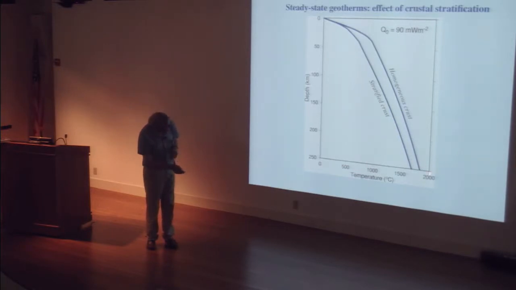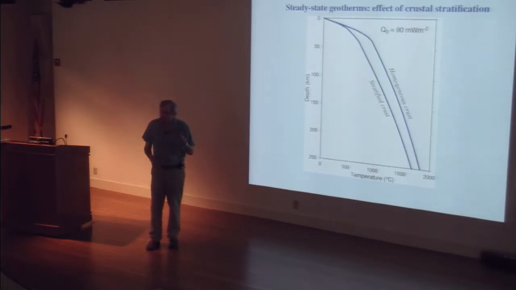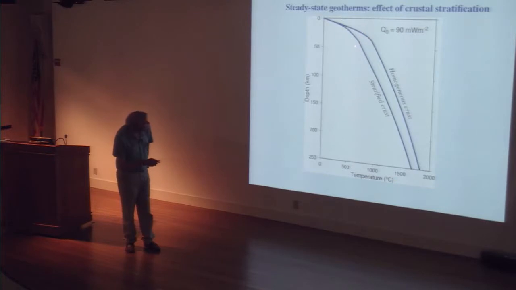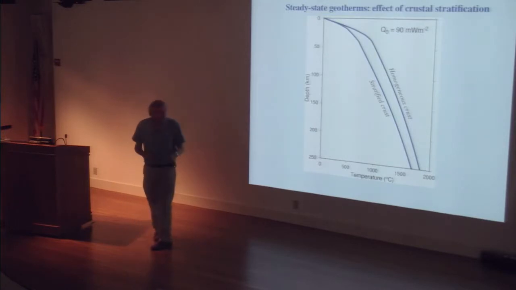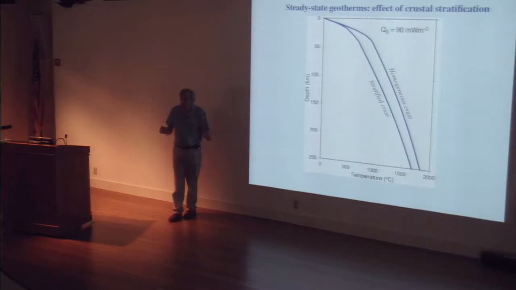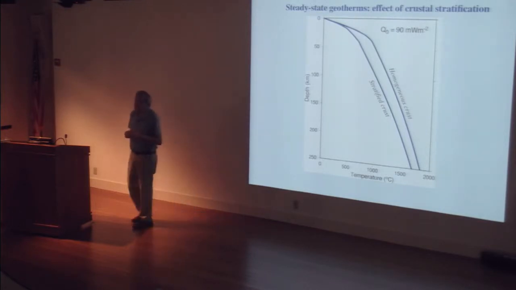Here, the impact reduces because thermal conductivity depends on temperature, and that will tend to decrease the range. But you can see at the base of the crust, right here, the difference in temperature is something like 300 degrees. So if you take a homogeneous crust or a stratified crust, you're likely to err by a large amount on your crustal temperatures. Roberta?